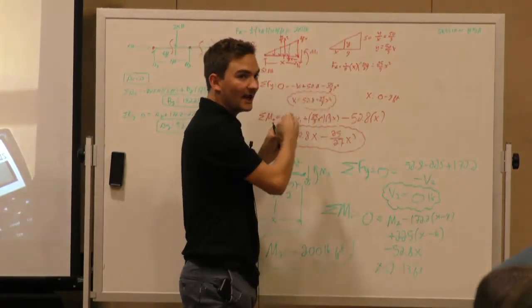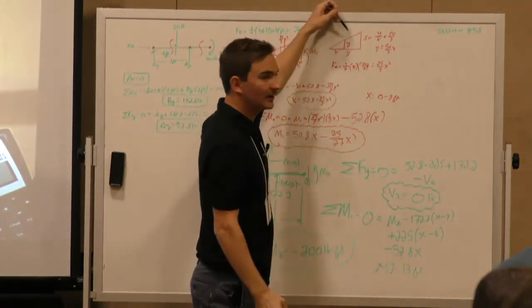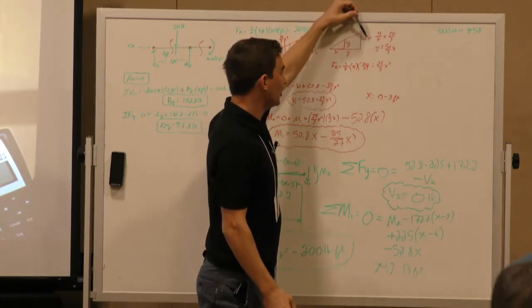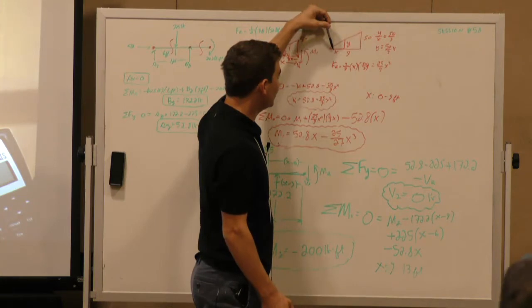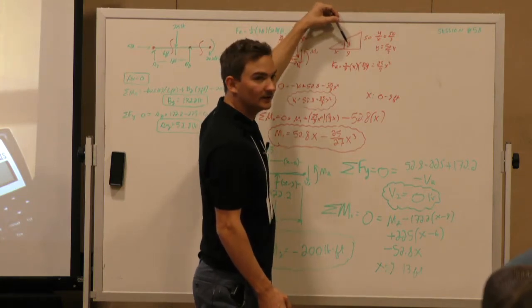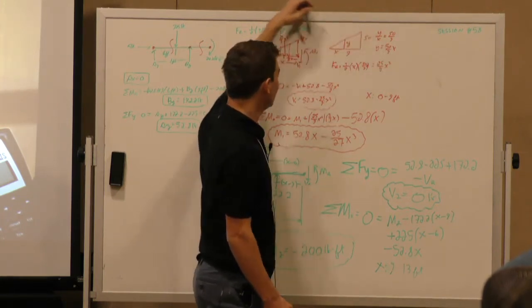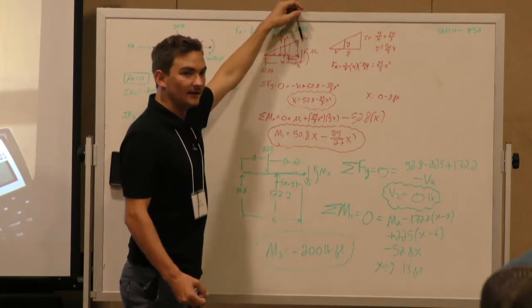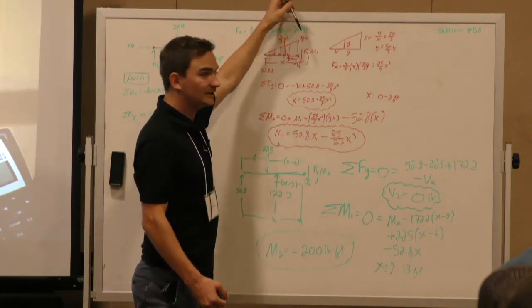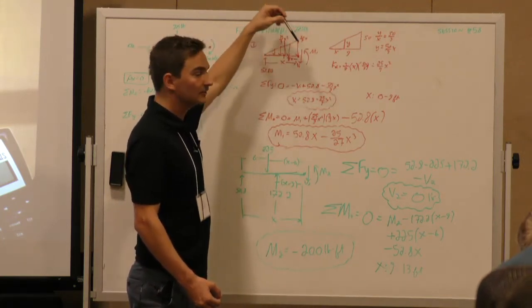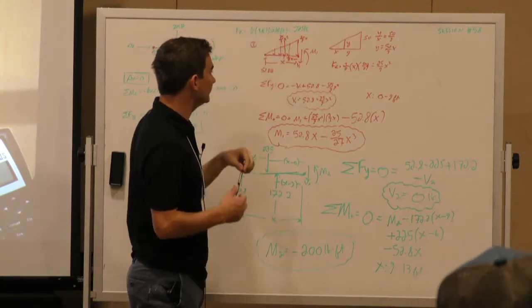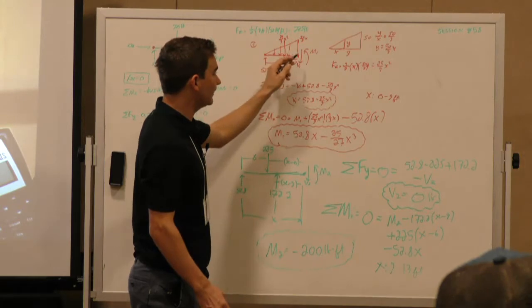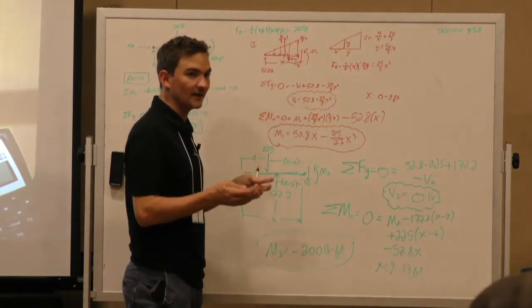In order to get any distance x, we had to use similar triangles. We know at 9 feet, we have a value of 50 for our y. So at any point x, we have a height of y. Using those relationships, we got our height. And then using FR equal to the area underneath the distributed load, 1/2 base times height, that gave us this 25x squared. And it acts 1/3 x from the tall end, or the heavy side.